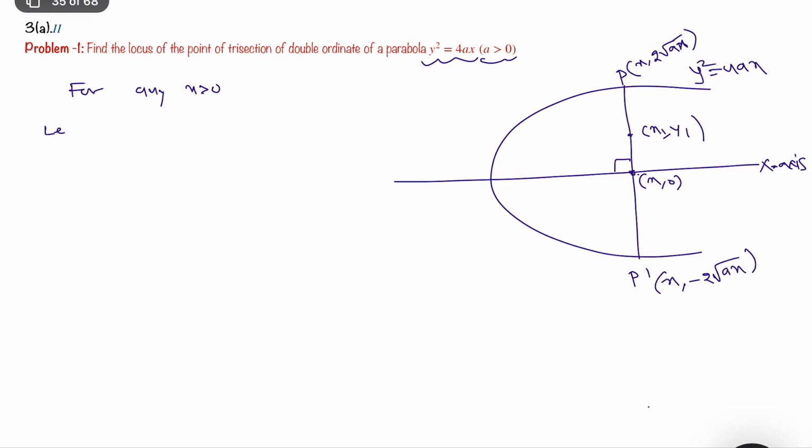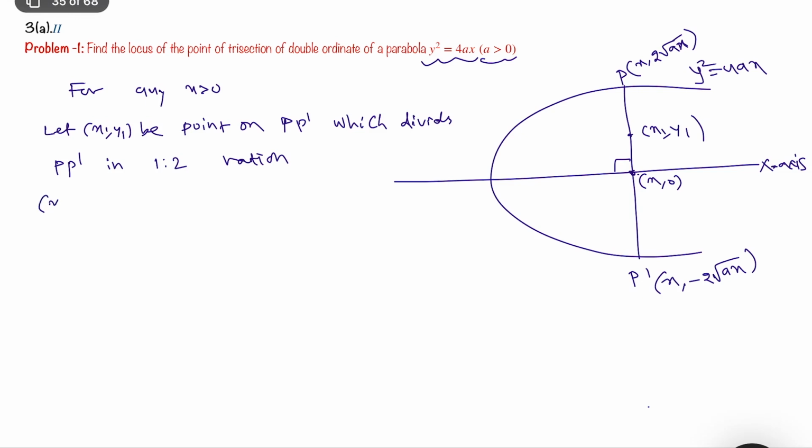Let (x1, y1) be the point on PP dash which divides PP dash in 1:2 ratio. That's what we mean by trisecting. Then this (x1, y1) must be what?